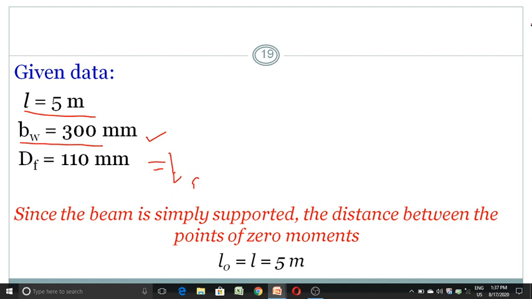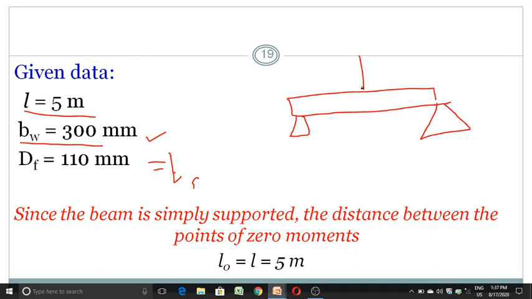As we are calculating for simply supported beams, the effective flange width needs L0, which we have to calculate. L0 for a simply supported beam is calculated like this. As a simply supported beam is subjected to any kind of load, the bending moment will be like this, and the bending moment at the supports is 0. You know L0 is the distance between zero bending moment points.